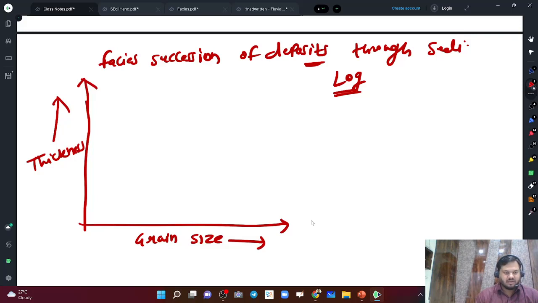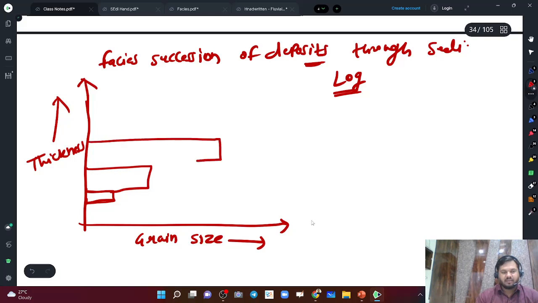So basically it is something like this. What you are drawing is grain size, right? I am drawing this roughly now. This is a deposition you are getting and this is a deposition you are getting. What will you interpret between them? Tell me about the grain size.